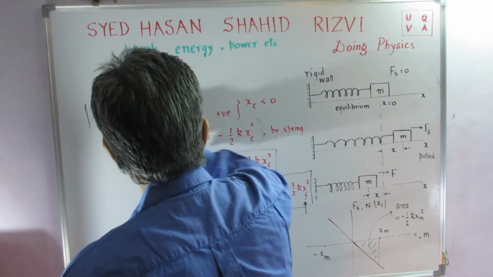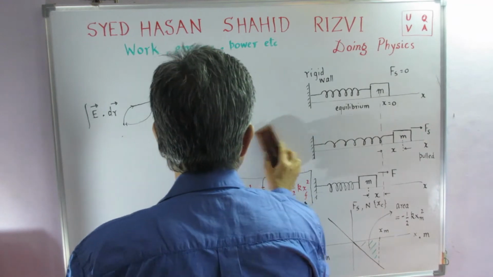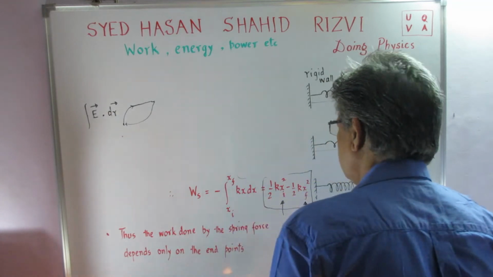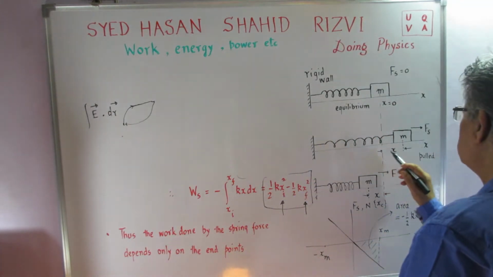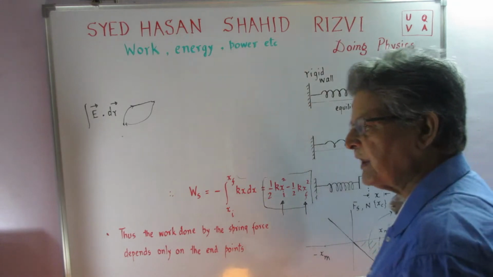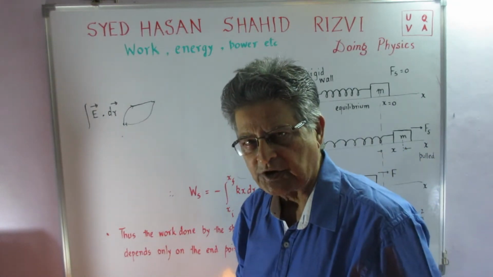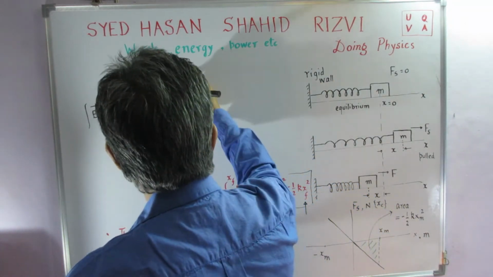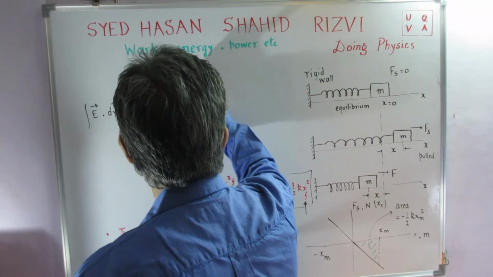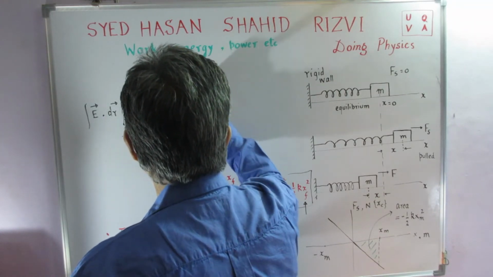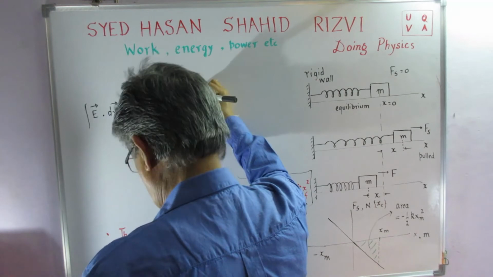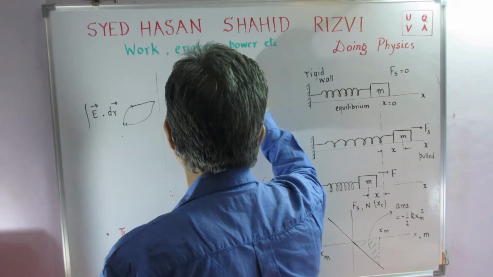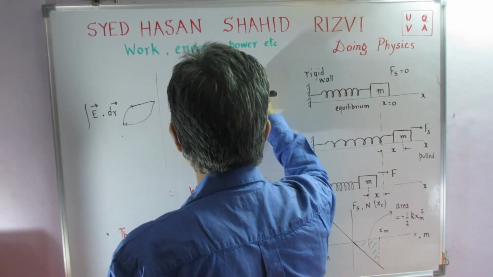So if it is only the end points that we are talking about, then what we can write is that if we take the block to a certain x and then bring it back under the same conditions to the same xi, then my Ws, the work done by the spring, will be equal to minus the integral of kx dx, this is by definition.